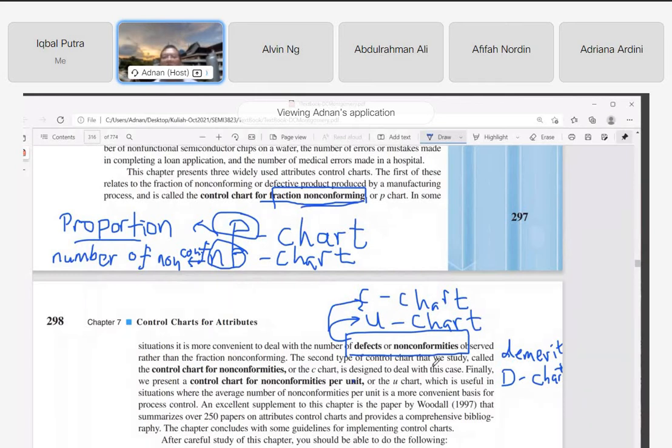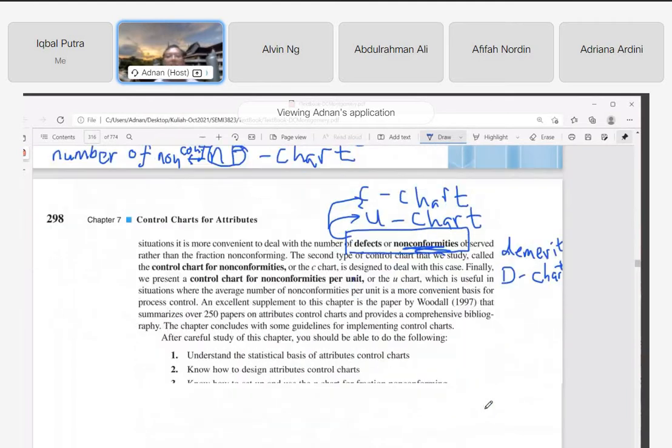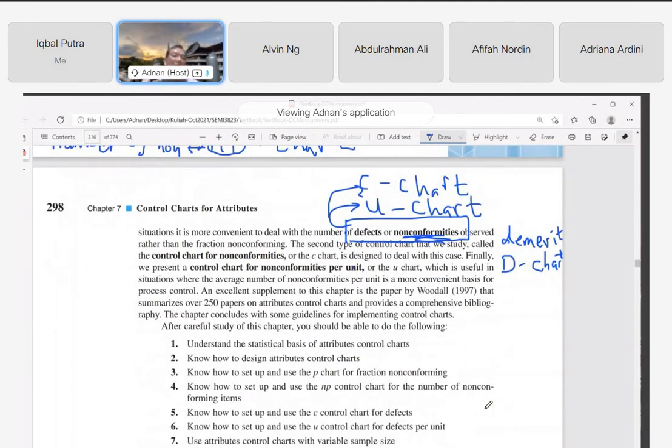Another chart is non-conformities. If you want to know how to differentiate between non-conforming and non-conformities: non-conforming is given in terms of number of units, number of units non-conforming.